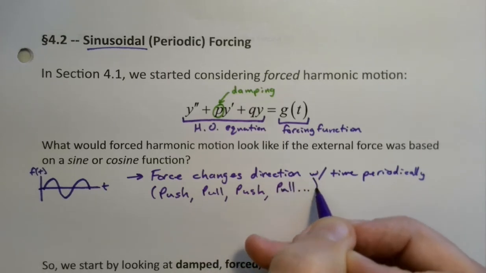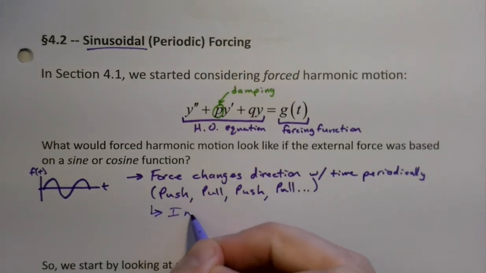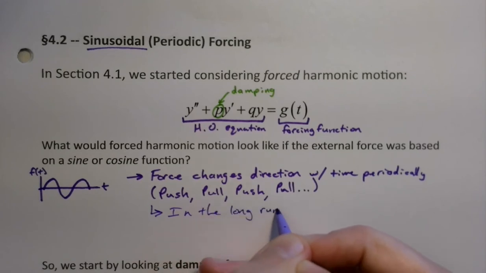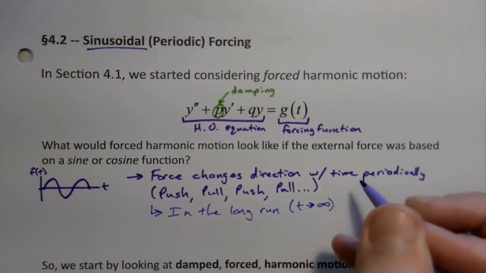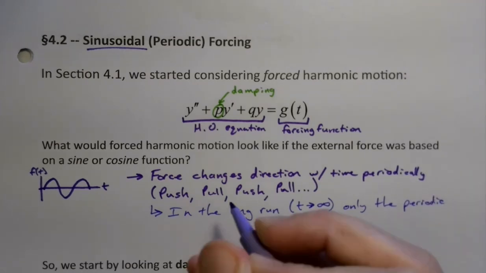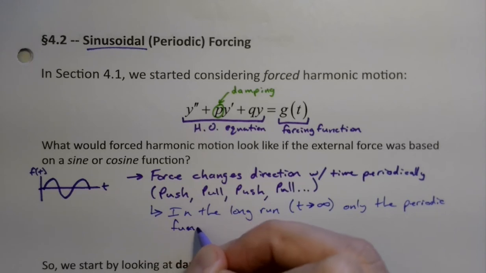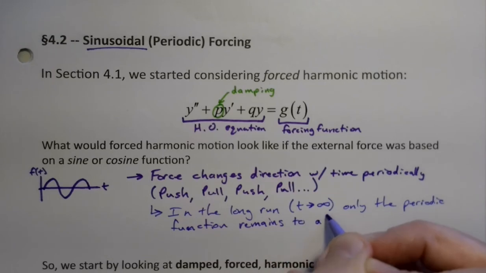This idea being that if you have a forcing function that is periodically changing direction, we could model that with a sine or a cosine. And so one of the more interesting features of this is that in the long run, and of course in the long run that's mathematical code for as t approaches infinity, only the periodic part of this, the periodic function, remains to affect the motion.